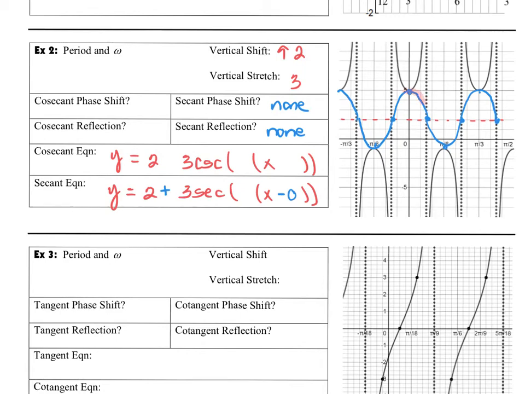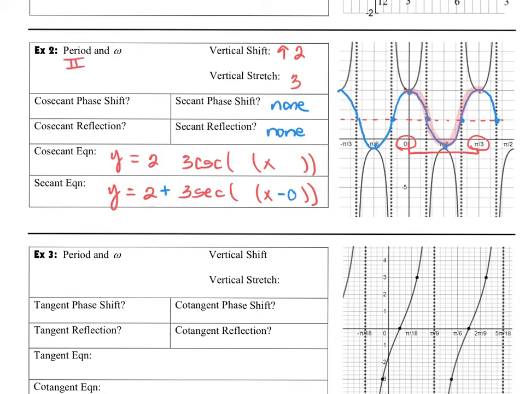Just like we did before, let's do a nice little trace so that we can visualize the entire period. That's going to show me that I'm going to go from 0 to pi over 3. So my period in this case for secant or cosecant is going to be pi over 3.